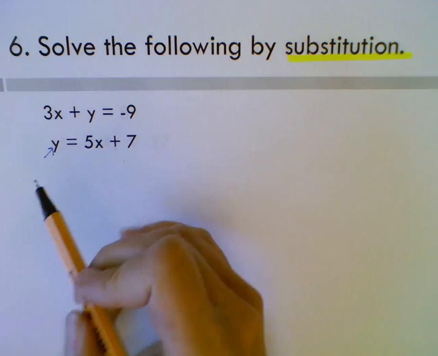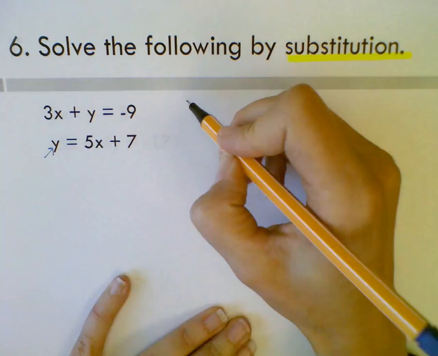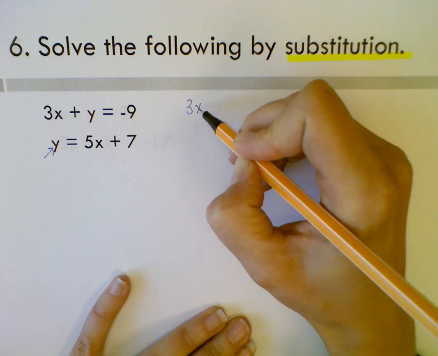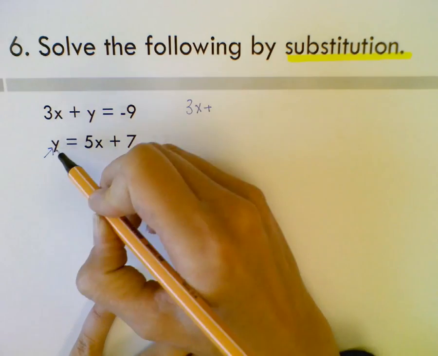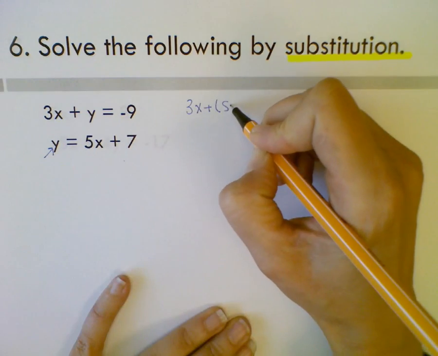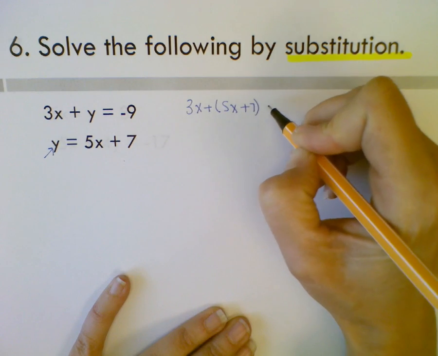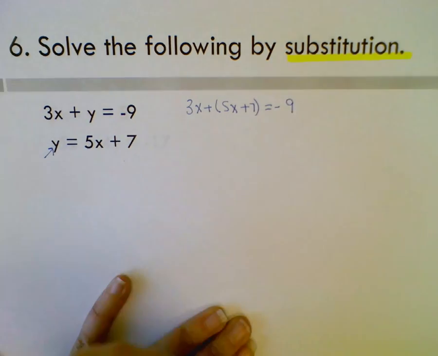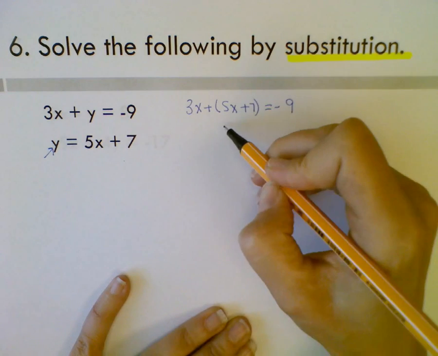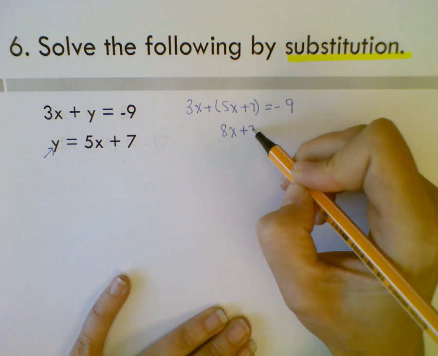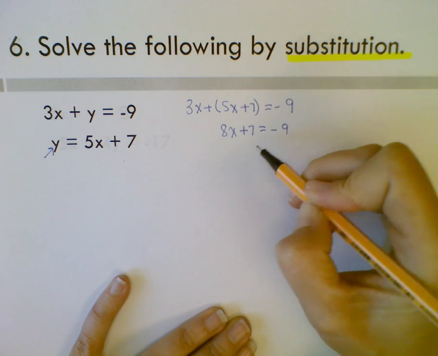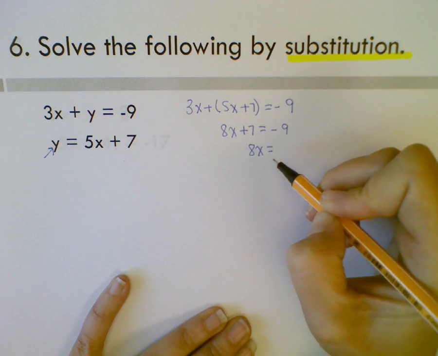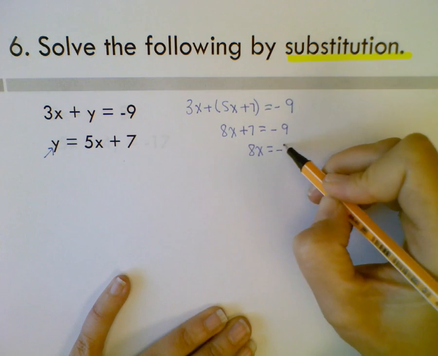So it makes sense to take this one and substitute it into my other equation. So 3x plus y, instead of y, I'm going to say 5x plus 7 equals -9. When I simplify that, that's 8x plus 7 equals -9, where 8x is -16.